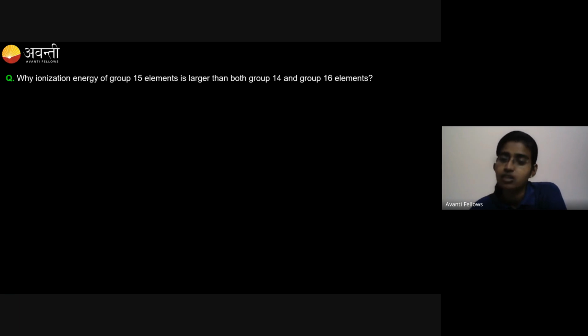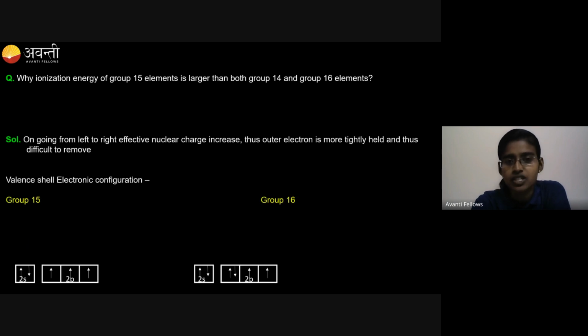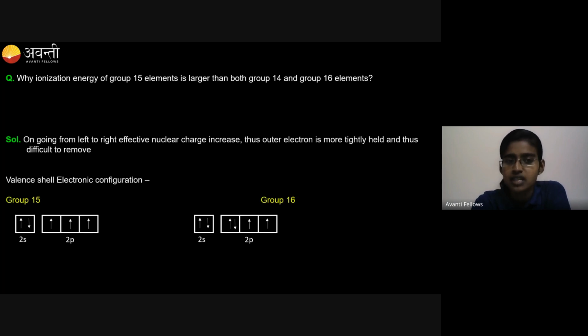Very good, dear. Manikanta, it is good. Because of the half-filled configuration of group 15. You can see the configuration is, for example, if it is nitrogen, it is 2s2 and 2p3, right? And for group 16, you will have 2s2, 2p4. Half-filled configurations are more stable.